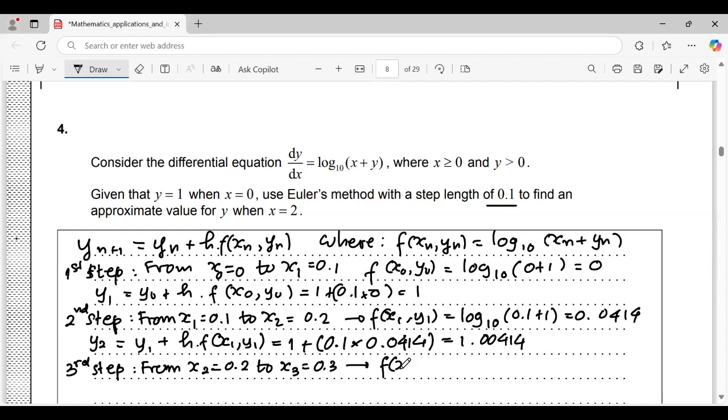So f(x2, y2) is log10(0.2 plus 1.00414), and log of this number, the result is 0.0808, that one.